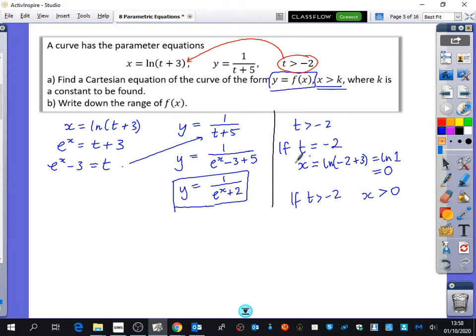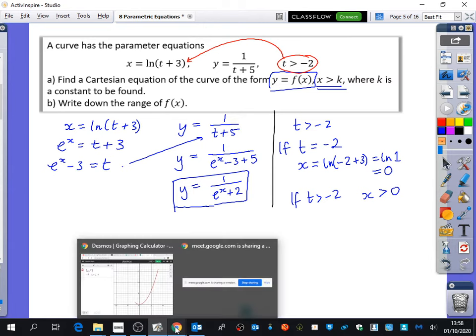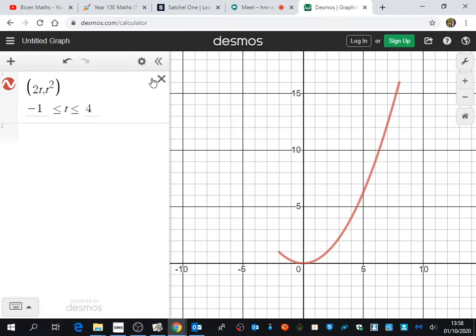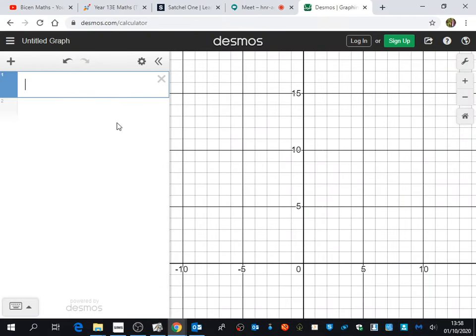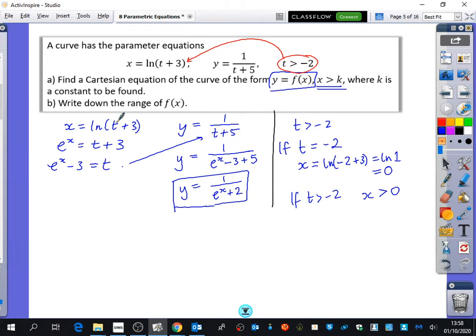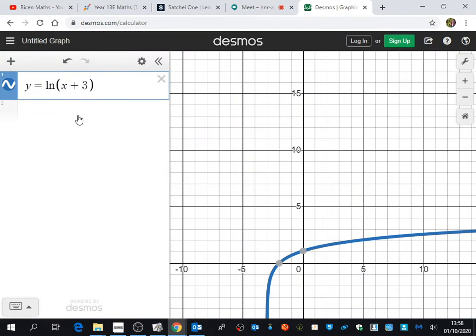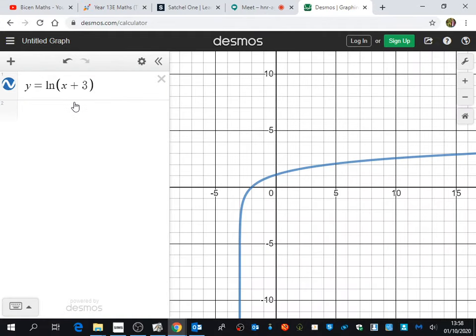So if I just show you what I mean here, I'm going to quickly go to Desmos, and I'm going to type in, ignore the fact I'm saying y equals, it's just for this, ln of x plus 3. Instead of x, it's really t. And I'm saying that t is greater than minus 2.